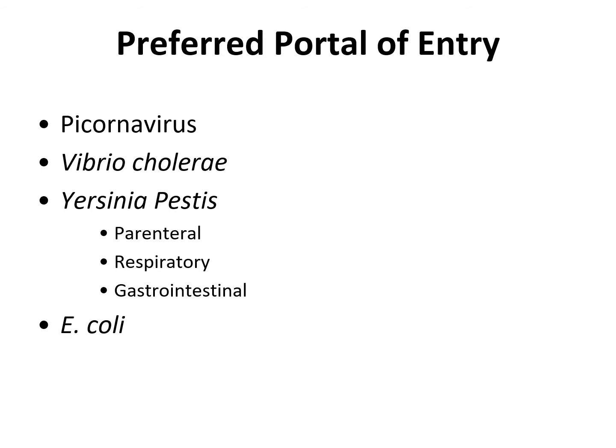E. coli. E. coli may seem like it has more than one preferred portal of entry, but really for each disease E. coli produces, it has one preferred portal of entry. If E. coli enters the urogenital system, it will cause a UTI. If instead the E. coli enters via the gastrointestinal system, then you will have food poisoning.